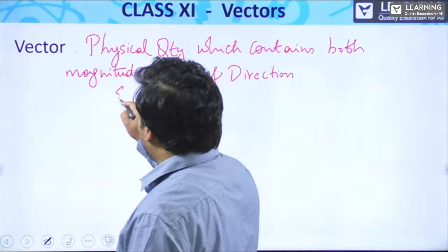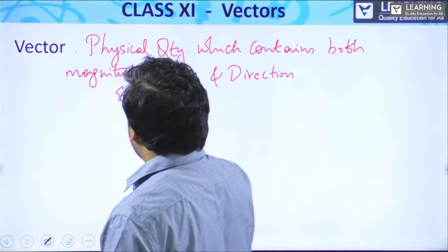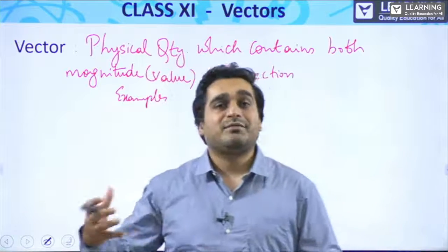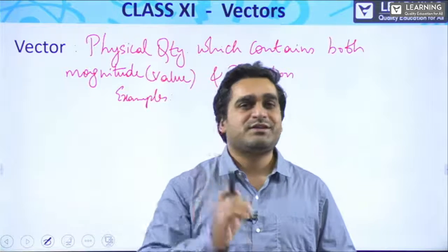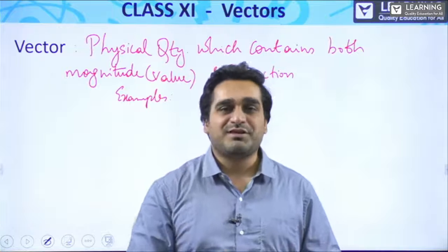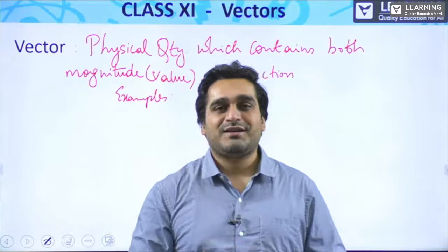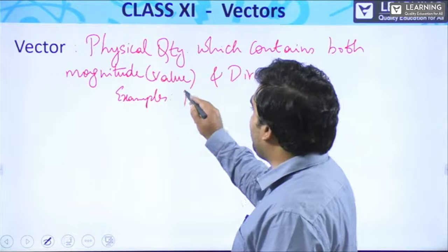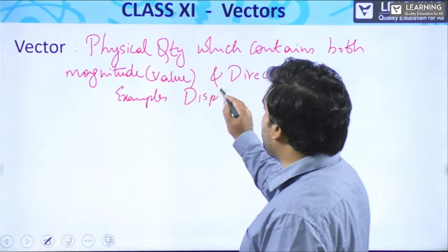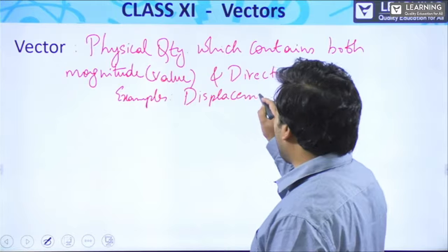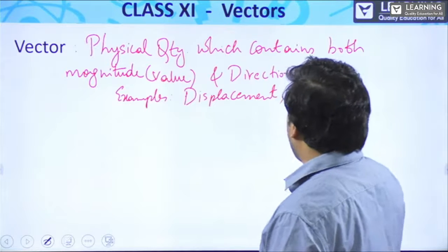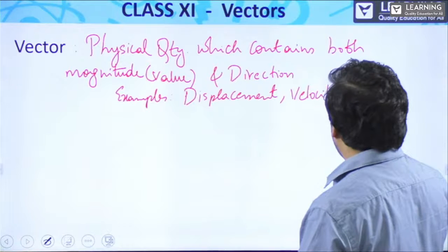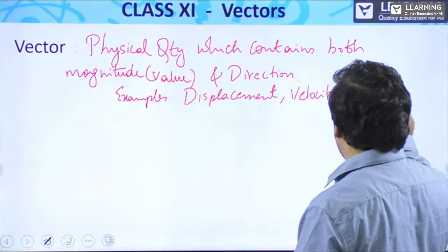We discussed a couple of examples for this. These examples that we learned from the previous session, those physical quantities were displacement, velocity, and acceleration.